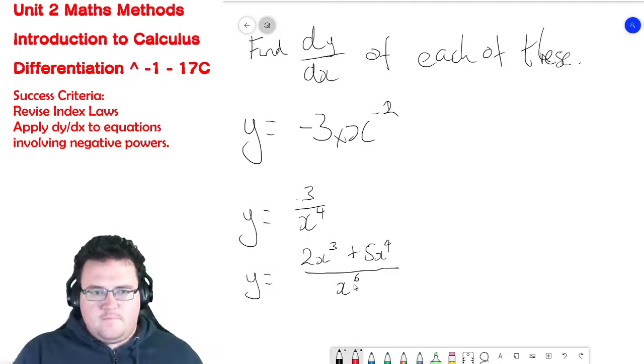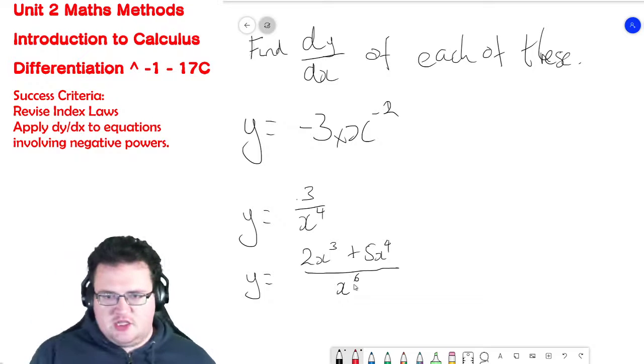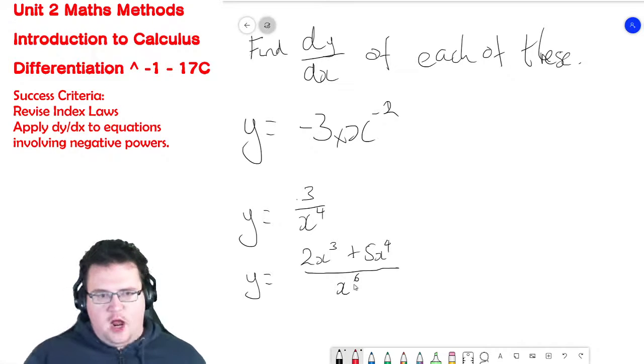All right. So these are the three I want us looking at right now.